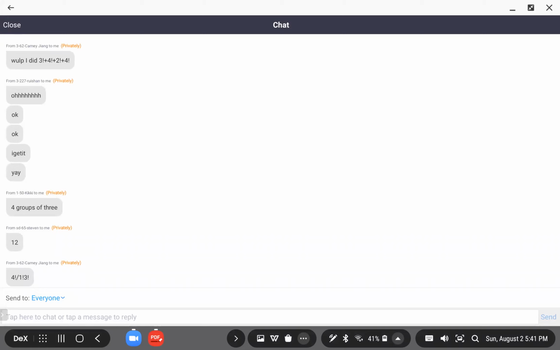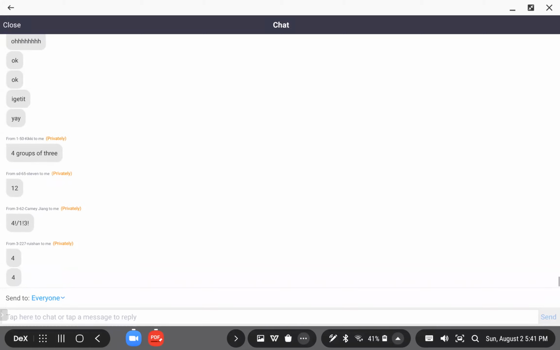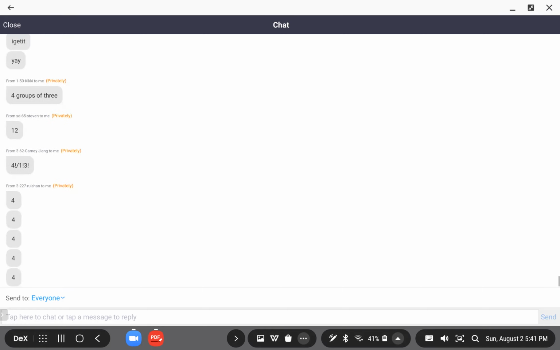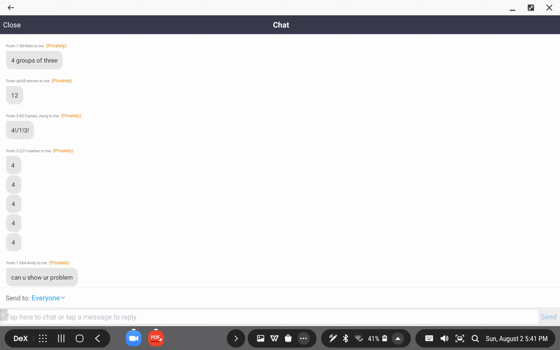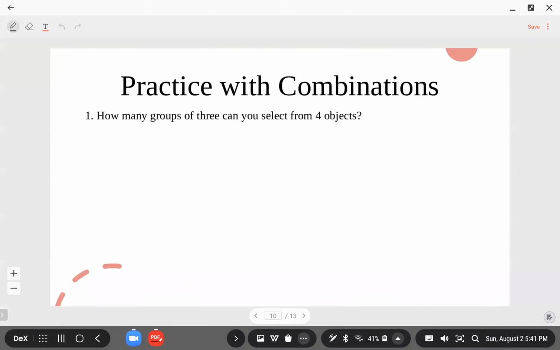Carney says 4 factorial divided by 1 factorial times 3 factorial. Exactly correct, Carney. Now you just have to solve all those factorials. I'll leave this problem up for a few moments, and you can try to solve this on your own.